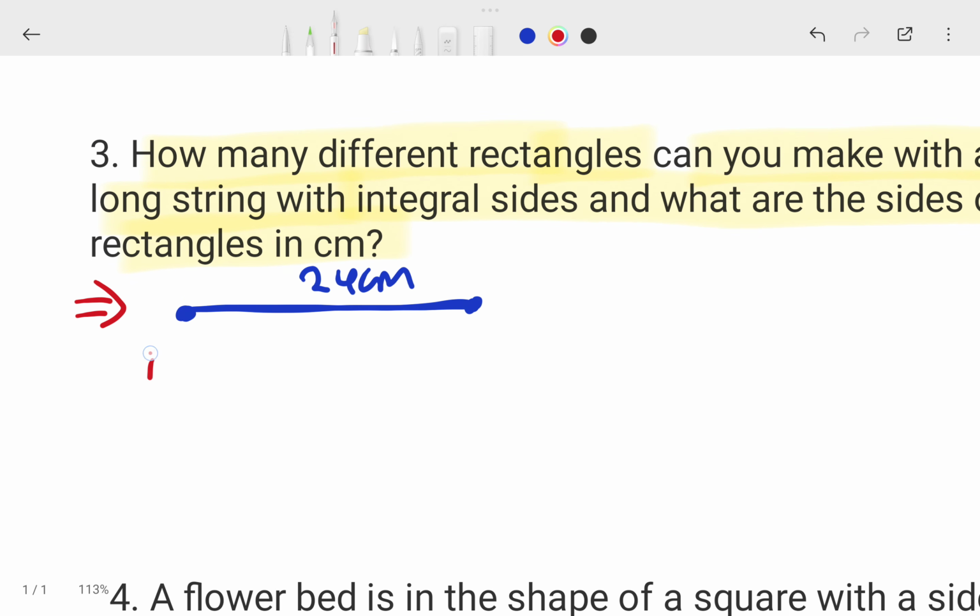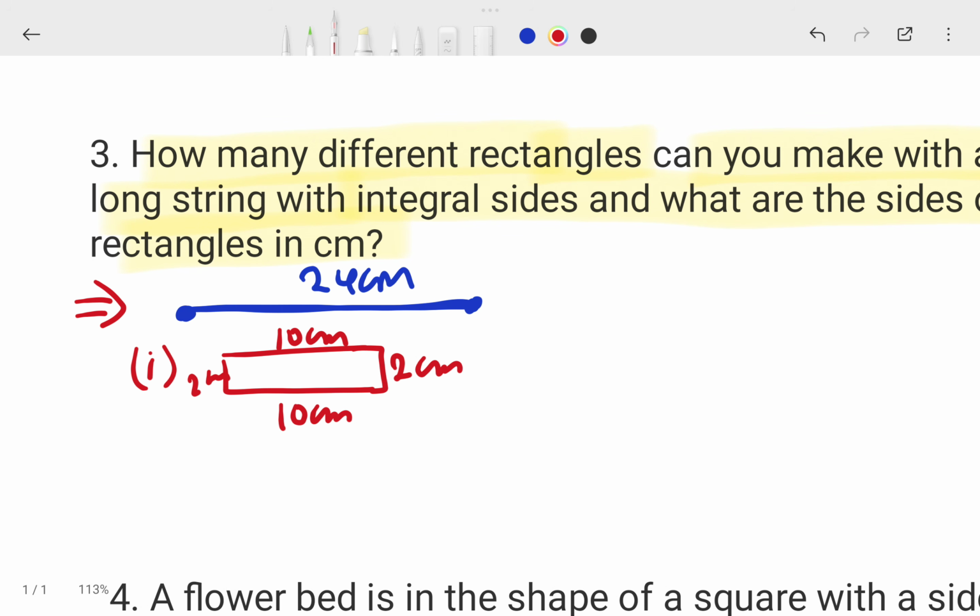Let's suppose this is our first one, a rectangle. Let's suppose this is 10 centimeter, and this is also 10 centimeter. 10 and 10 is going to be 20. Now what is left? 4. So this is 2 centimeter, and that's also going to be 2 centimeter.